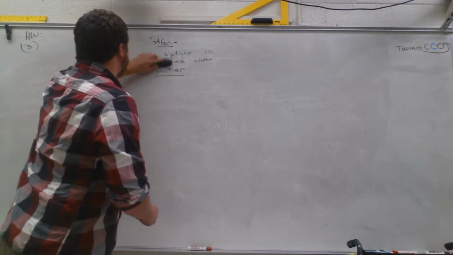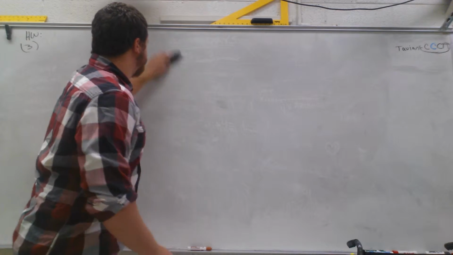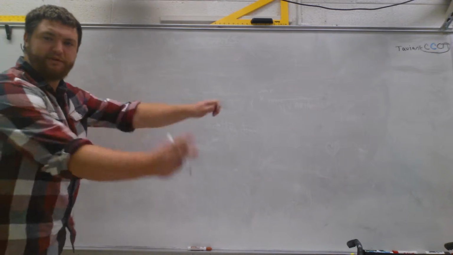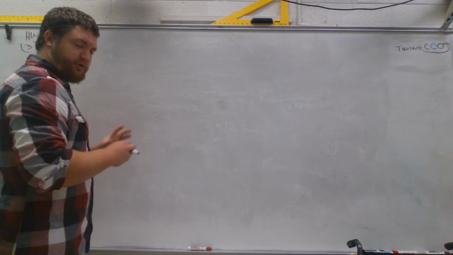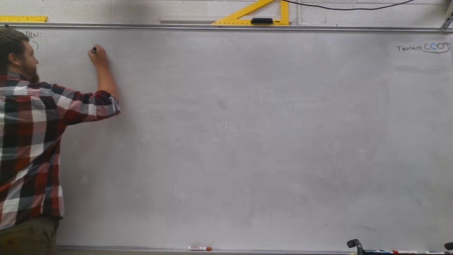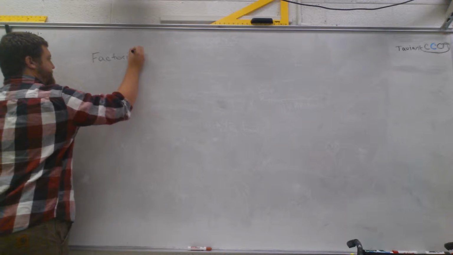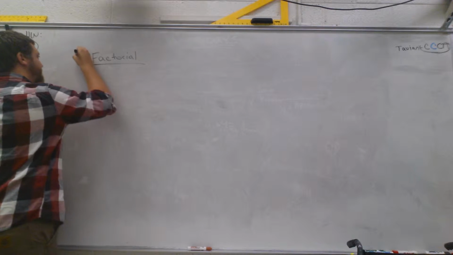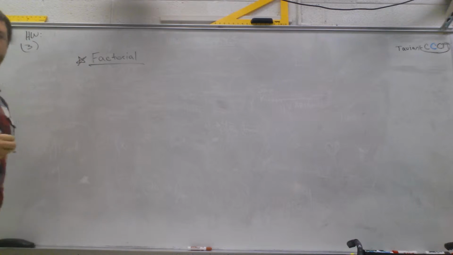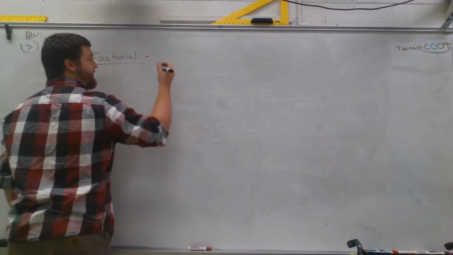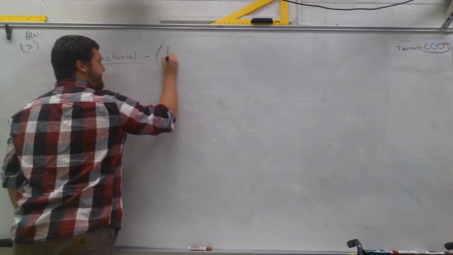Alright, so first off, let's talk about this word. We've used this before when we played that numbers game, but it is called factorials. Factorial looks like this, just an exclamation point.